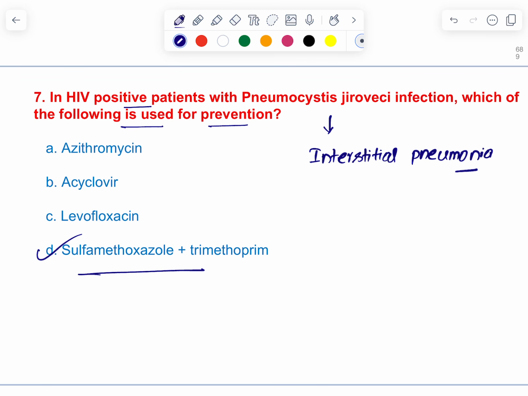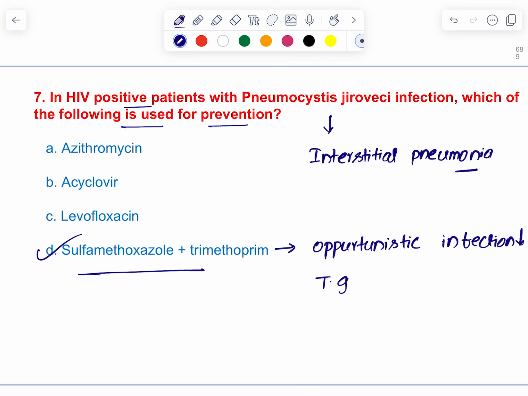Whenever you give this TMP-SMX, trimethoprim-sulfamethoxazole, it prevents many opportunistic infections. And what are those opportunistic infections?